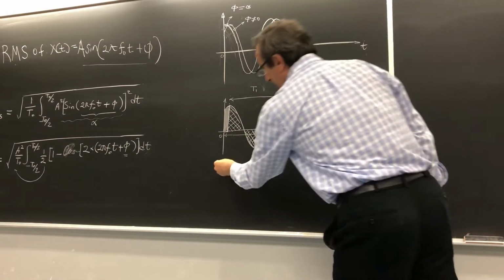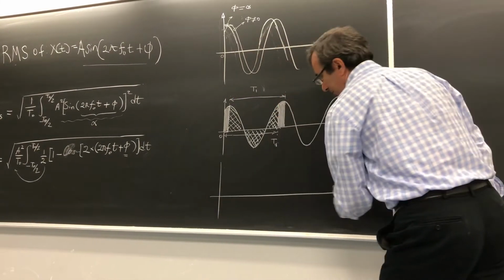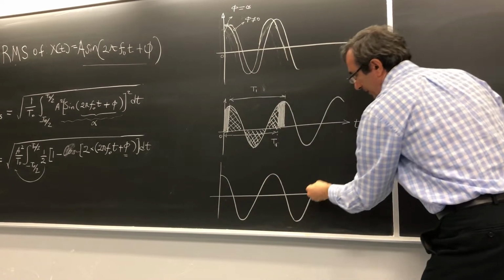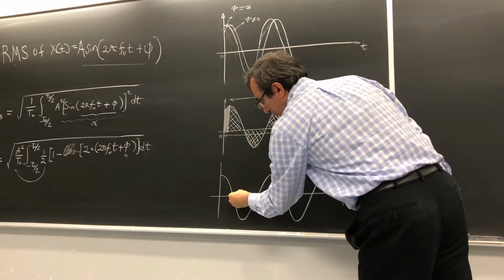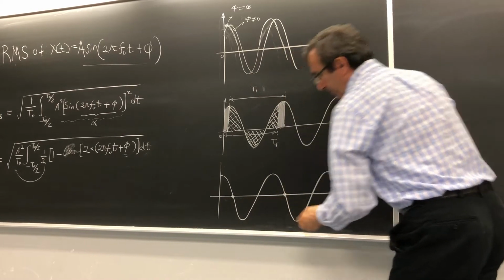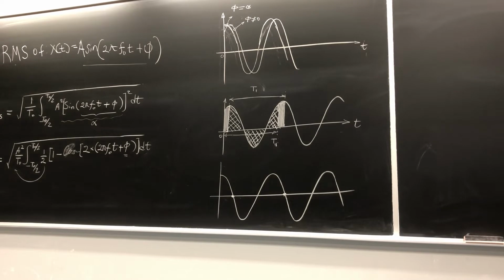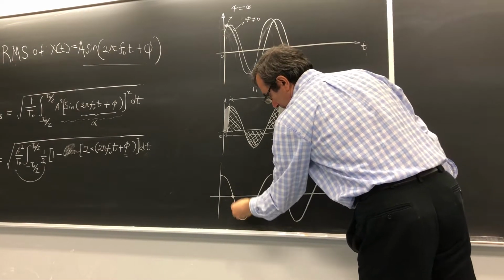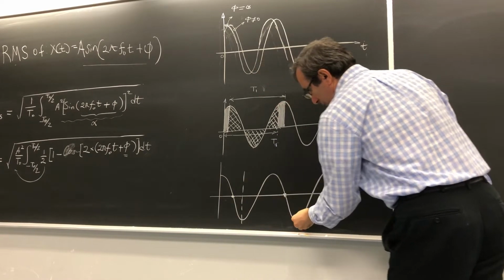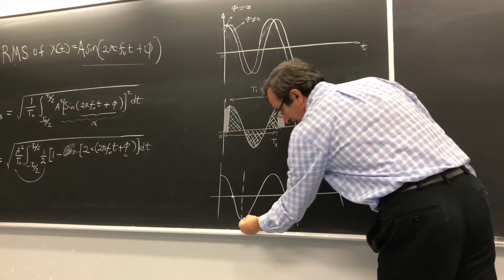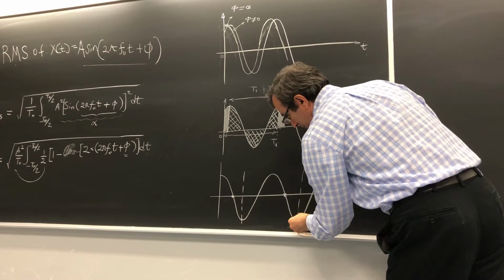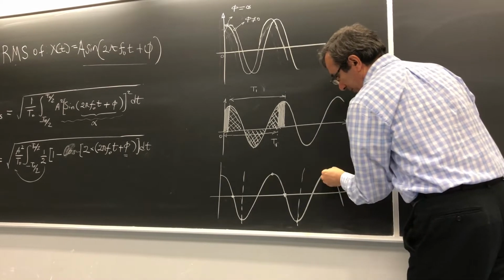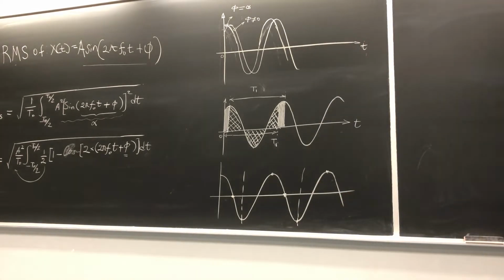Exactly in the same way as you would, for instance, calculate the integral from one zero crossing to the other one, or from one value of the cosine wave to the next one, or from one peak to the next one, right?